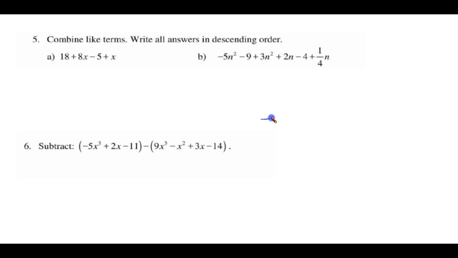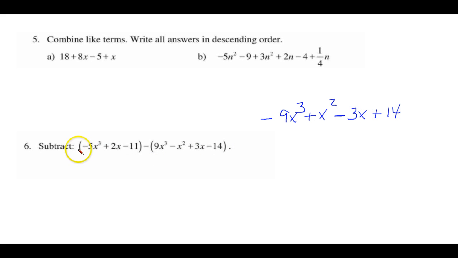So this is going to become a negative 9x to the third, a positive x to the second, a negative 3x, and a positive 14. I've seen the negative in front of the parenthesis. I'm removing the parenthesis and changing every sign.